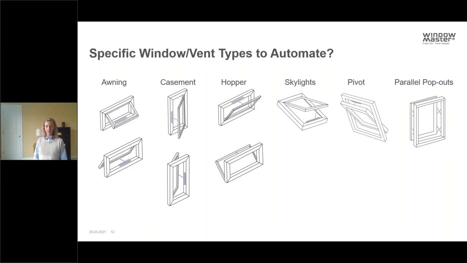You have a casement style, or a side hung as some people also call it, a hopper window, a skylight, a pivot, and I'm also seeing more and more of these parallel pop-out windows where the scissor hinges are used to bear the weight, and then the actuators are either placed horizontally, vertically, or both to move and push the parallel window out and in.